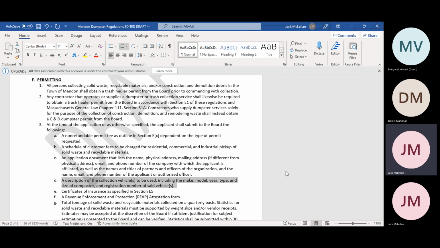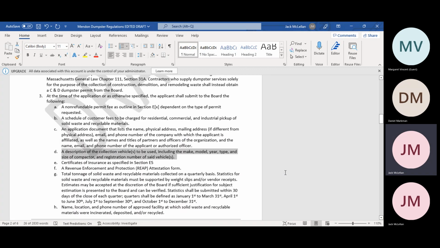And also G. I thought it was going to be too restrictive for the smaller companies to require all those statistics on a quarterly basis. I didn't feel it was necessary to get to that level right now.